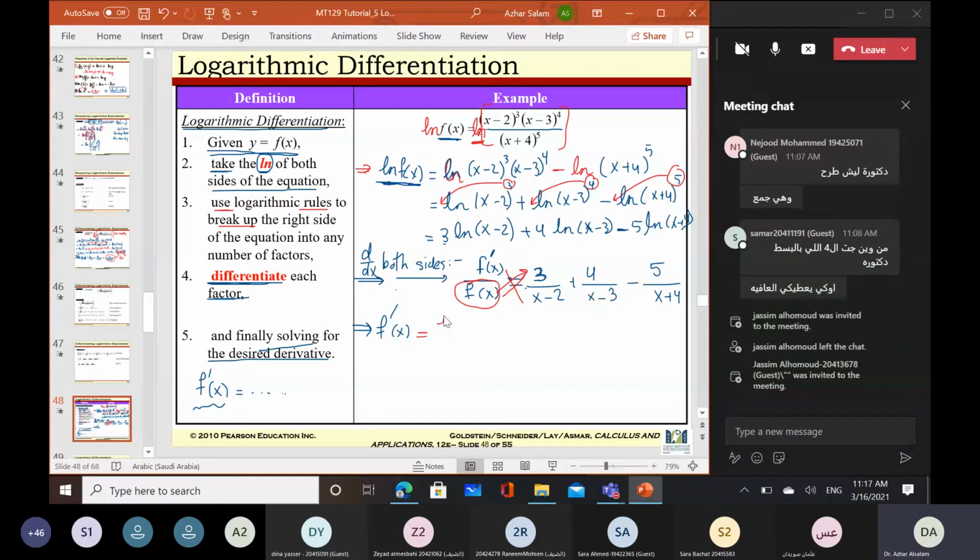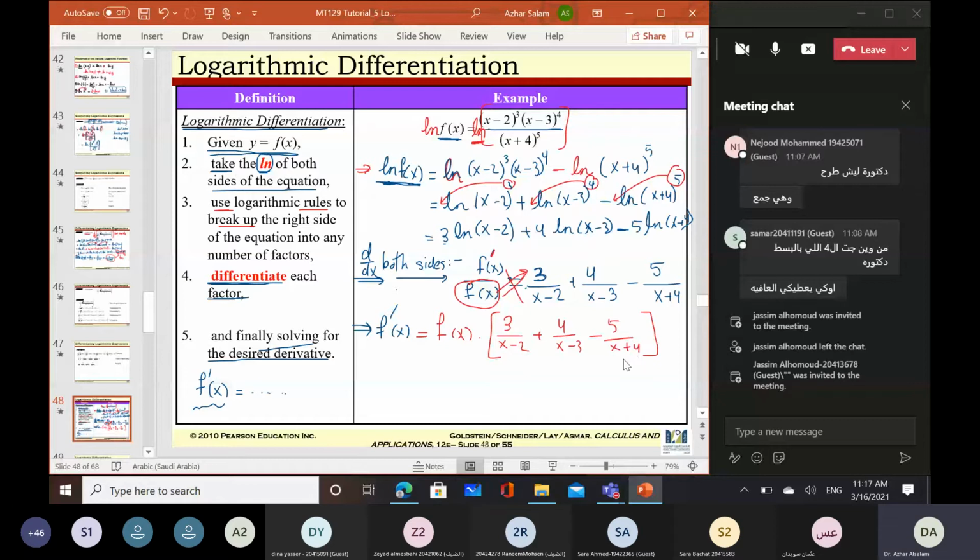So this is equal to f of x multiplied by the same quantity here. What did I do here? I cross multiplied, but I will not move this f to another place, I will leave it here. What I do is take the f that is in the denominator, without its derivative, and multiply it into the other side, in the numerator. And this will be the same 3 divided by x minus 2 plus 4 divided by x minus 3 minus 5 divided by x plus 4.